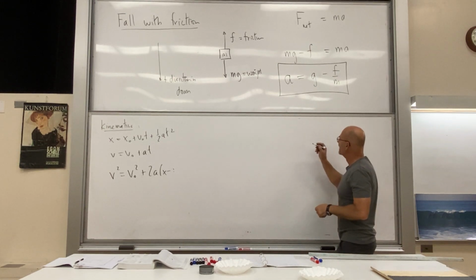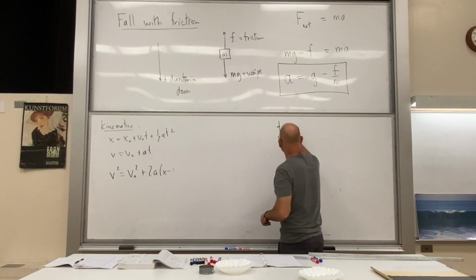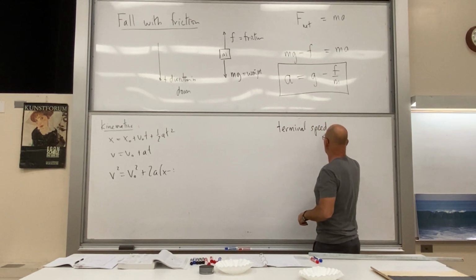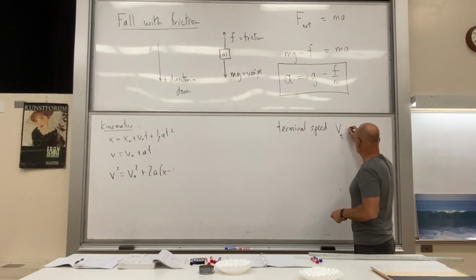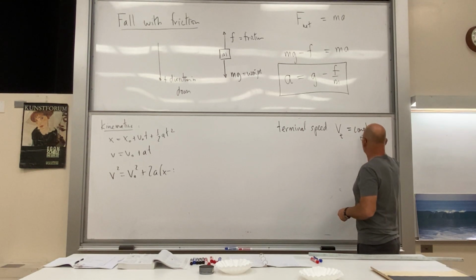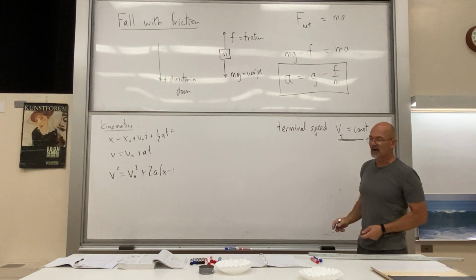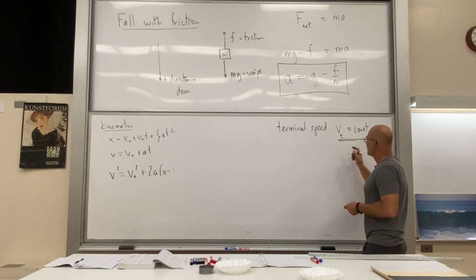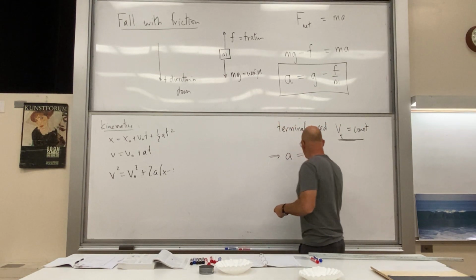What does that mean? That's called terminal speed. So when terminal speed, I'll call it v sub t, is constant. So if you have a constant speed, and I just showed you a constant speed for a ball of friction, that means the acceleration is 0, right?